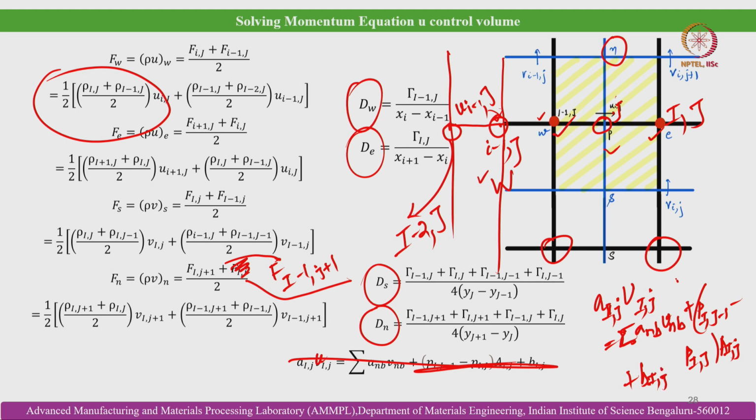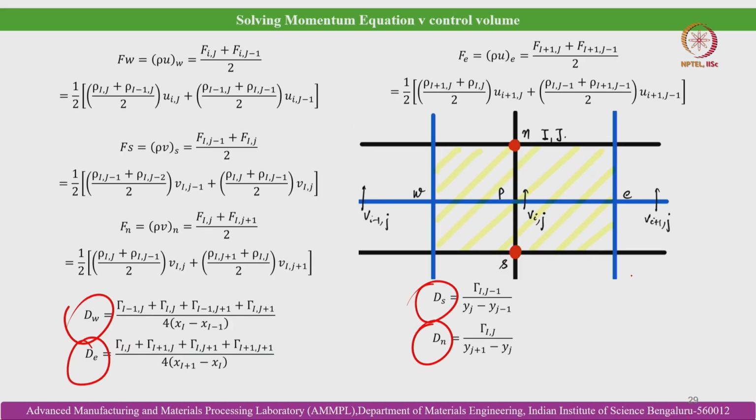This is the discretized form of the y momentum equation, and for this we can follow a similar procedure to calculate the mass flux for the west, east, south and north faces, and the diffusion conductance for the west, east, south and north faces.